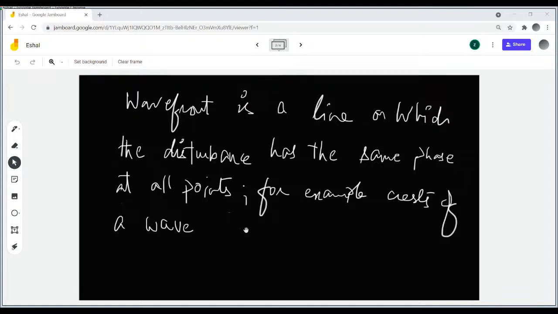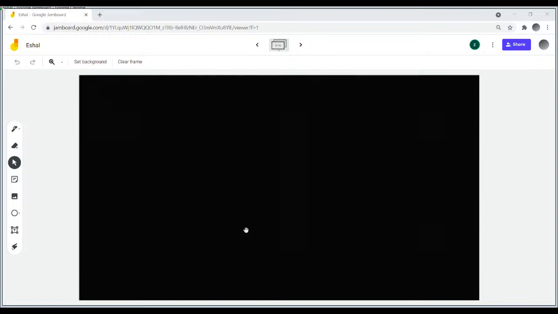Do we know the difference between reflection and refraction? Reflection is when a wave, when a particular ray. So, for example, I've got a ray.